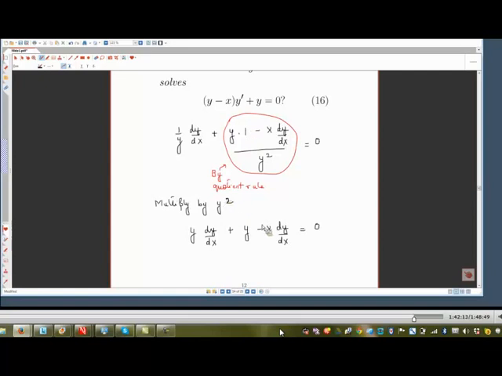So we can collect the first and the last term, bring them together. So y minus x dy over dx plus y equals 0. And that's exactly the differential equation which we have on the top. So that's how you would be able to get a differential equation for the implicit solution.